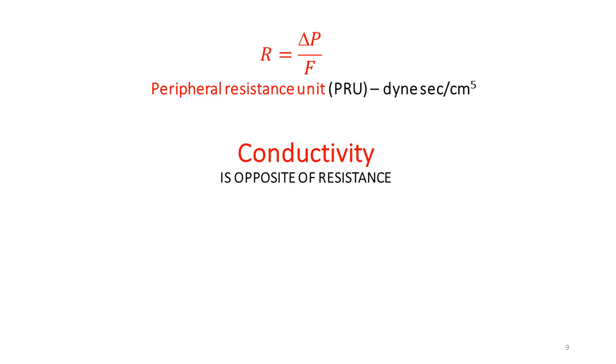Increasing diameter fourfold has a direct relation with conductance, or conductivity. So we can find C as conductivity equal to pi R^4 over 8 eta L. It's the reverse of resistance.